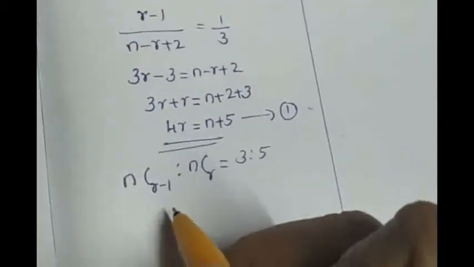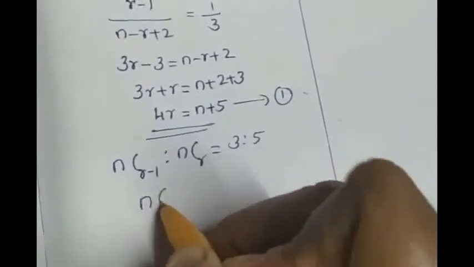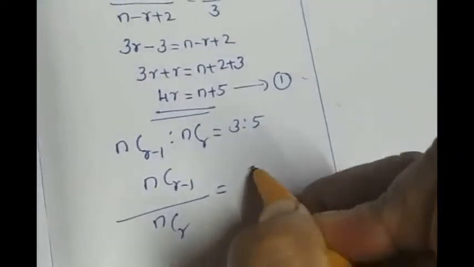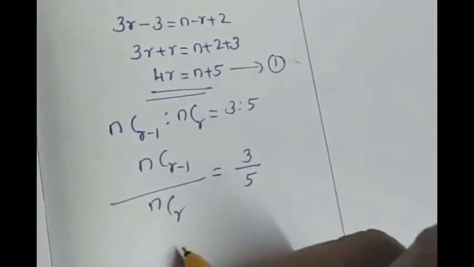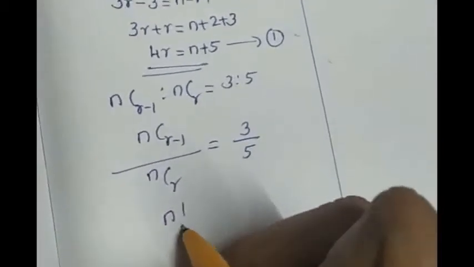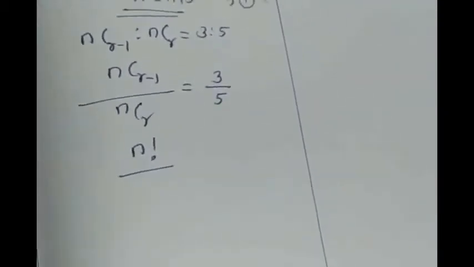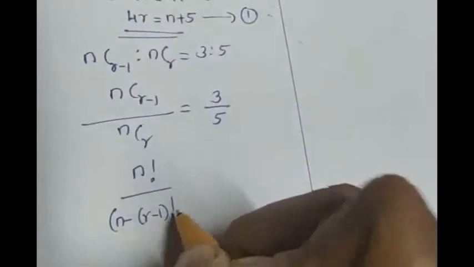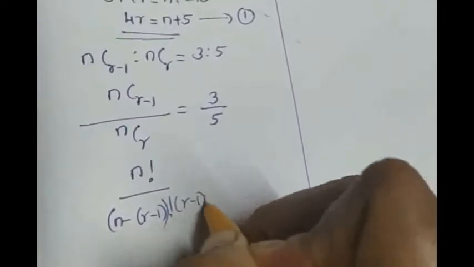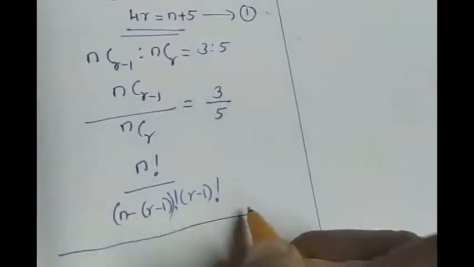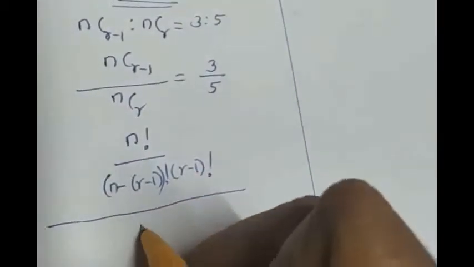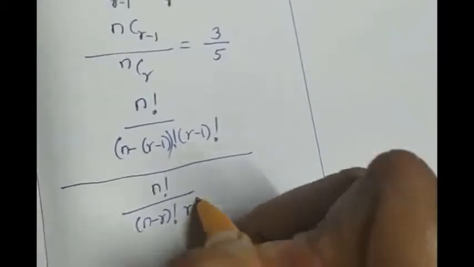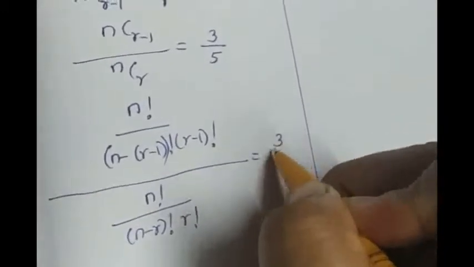So here also, instead of writing like this, we can write nCr minus 1 by nCr is equal to 3 divided by 5. Apply the formula. nCr minus 1 is n factorial divided by (n minus r minus 1) factorial into (r minus 1) factorial, whole divided by nCr, the direct formula, n factorial by (n minus r) factorial into r factorial, is equal to 3 by 5.